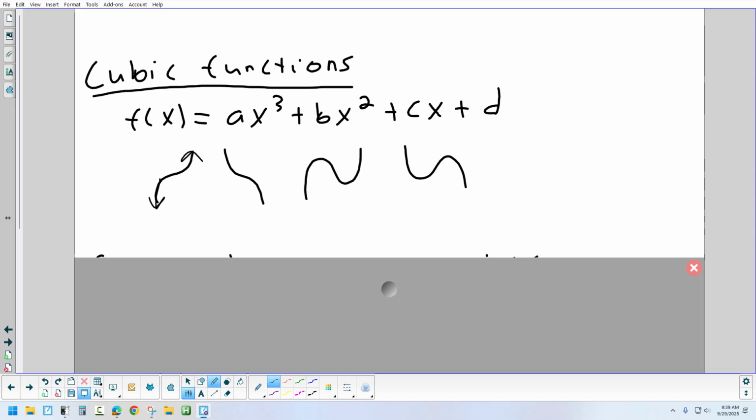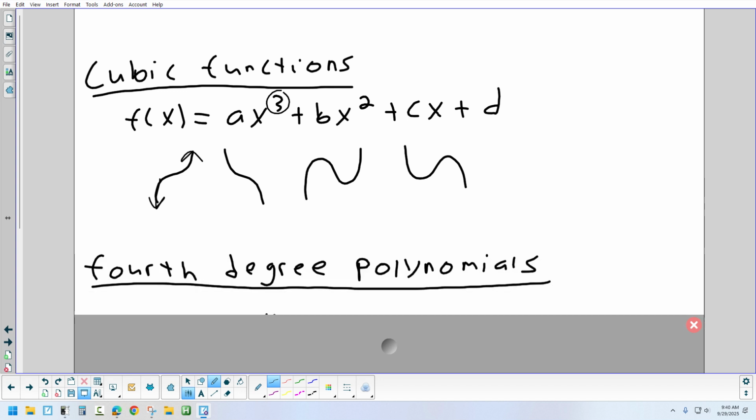In fact, any odd degree polynomial will always have one side of the function going down and one side of the function going up. Any even degree polynomial will always have both sides doing the same thing, like a parabola, up and up, or down and down.